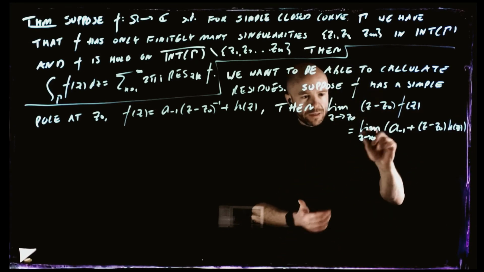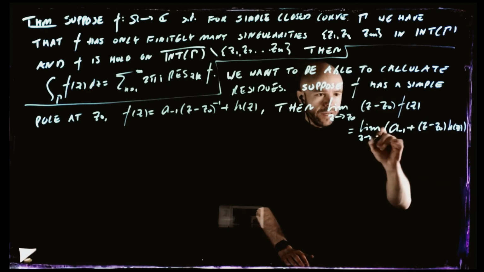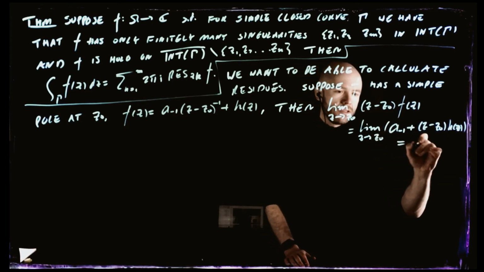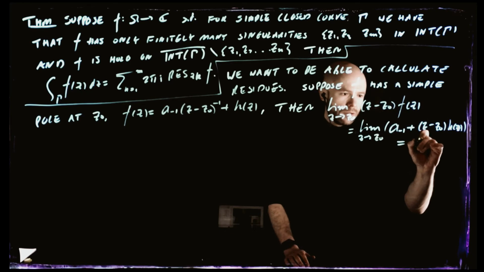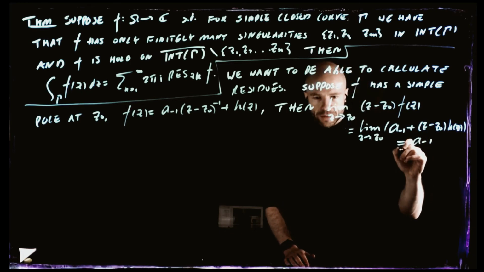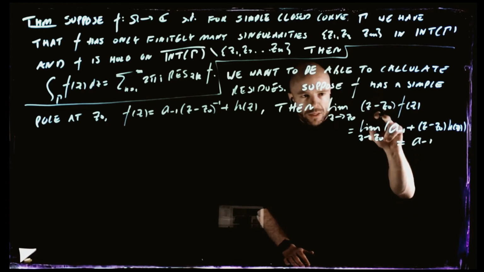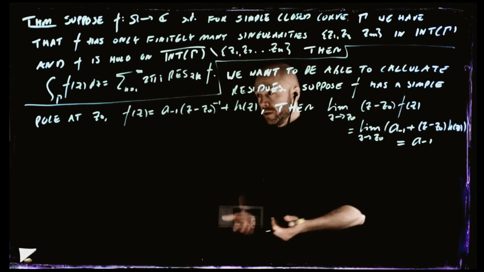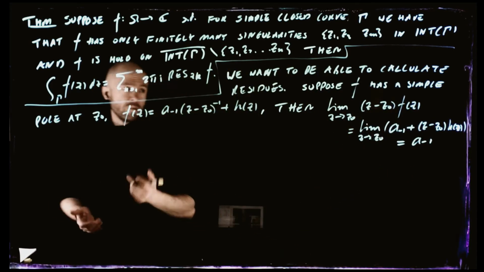It has a limit as z goes to z0. So this part here will just vanish. So that's just equal to a_{-1}. So this gives us the residue in the case we have a simple pole.